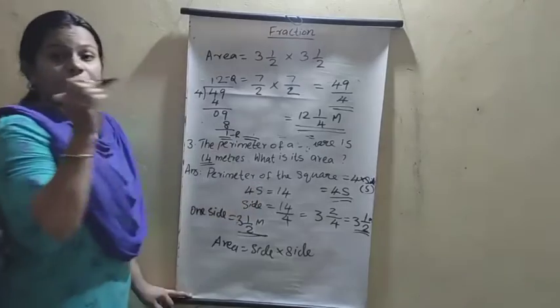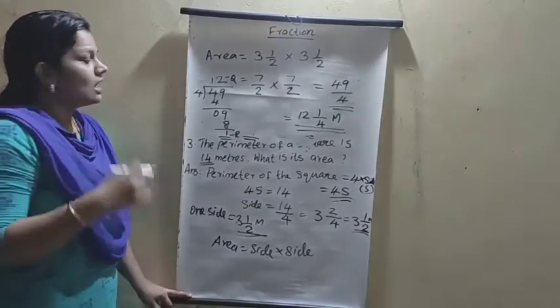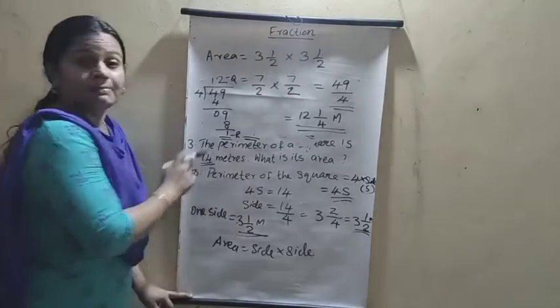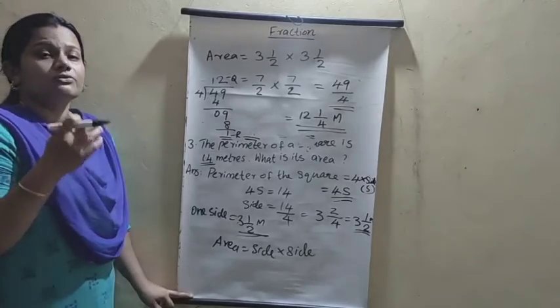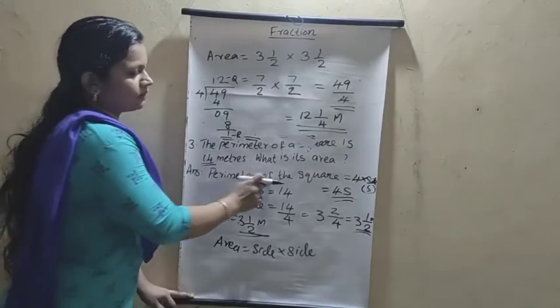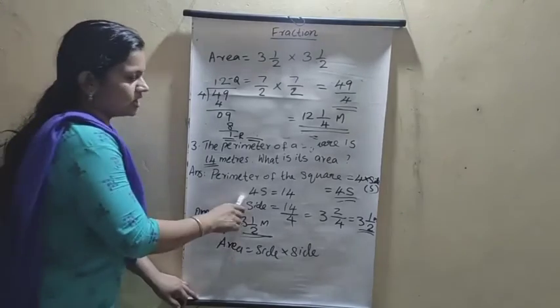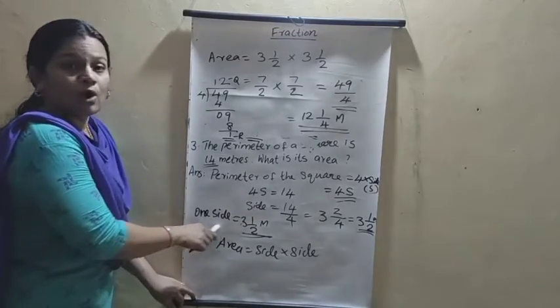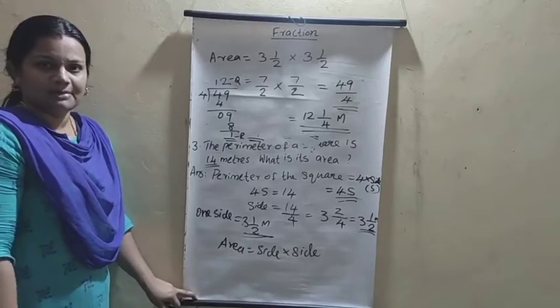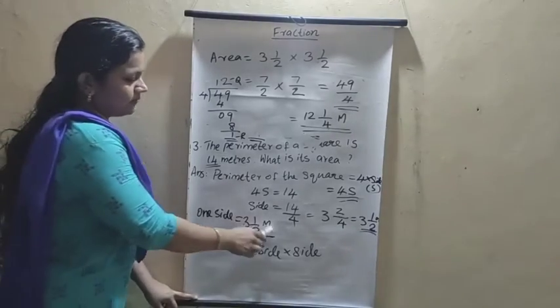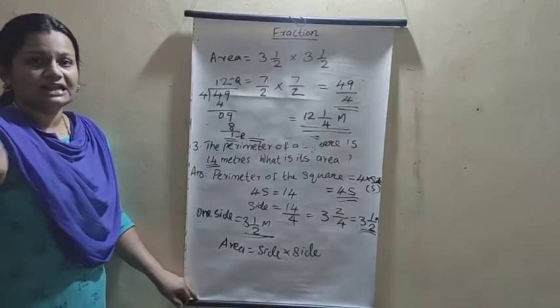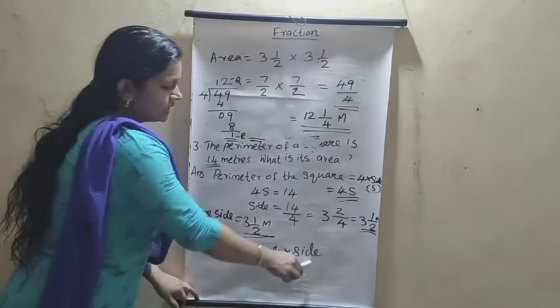In this question, one side is not directly given, but the perimeter is given. So first of all, we write the perimeter of the square is equal to 4 into side. Then using this equation, we find the one side measurement. One side is equal to 3 1 by 2. We already know that the area of the square is equal to side into side.